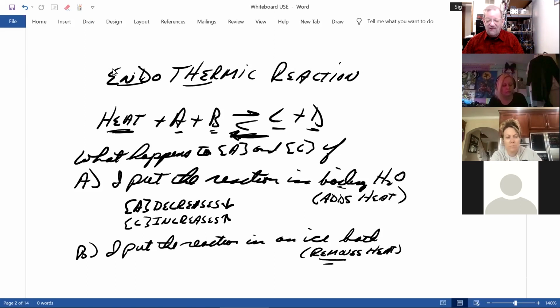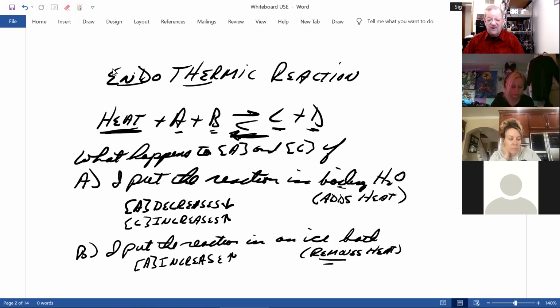Well, if I make more of something, do I have less or more of it? You have more of it, which means the concentration of A and also B, but you're only asked about A, increases, goes up. Now, when C and D react to make more heat, C and D are consumed.